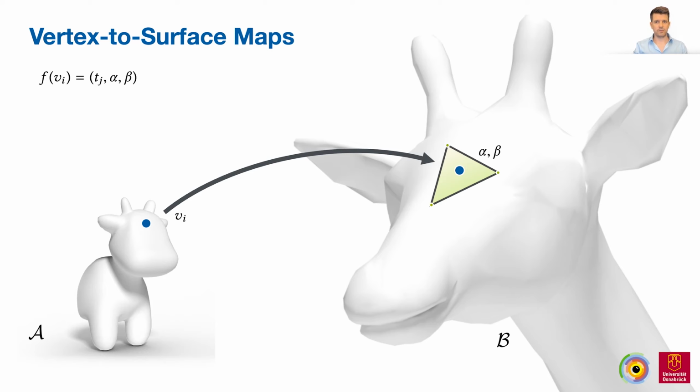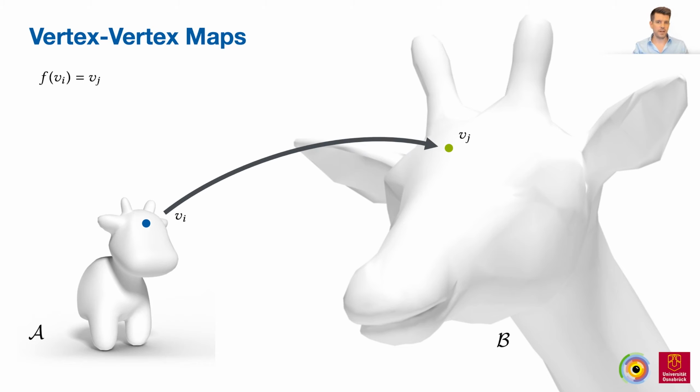This idea can be restricted further for simplicity. For each vertex of A, we store not an arbitrary point on B, but specifically a vertex of B, referred to simply by its ID. This, of course, limits the flexibility of the map, but due to its simplicity, this kind of representation has also been used quite a bit in lots of research works.